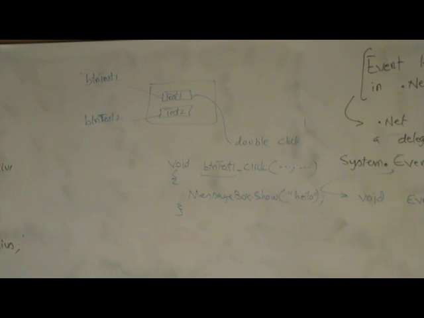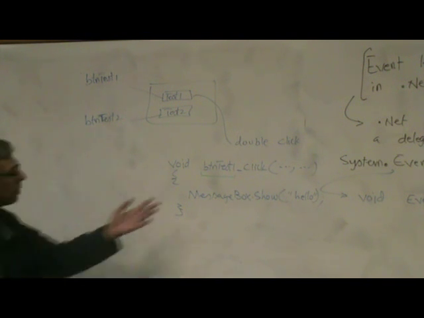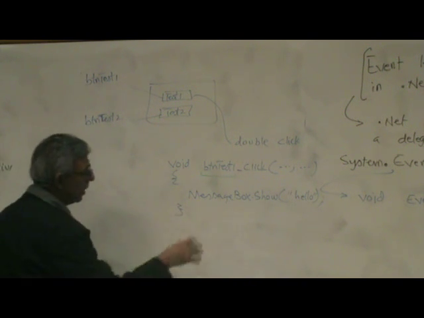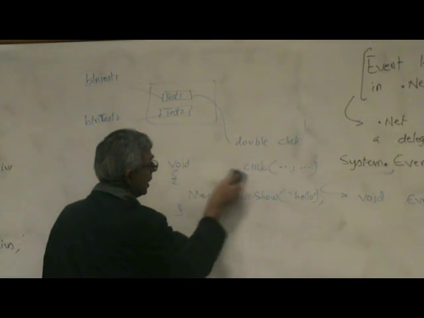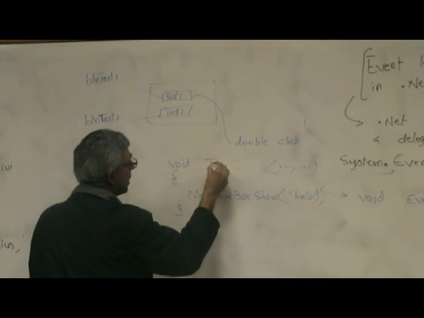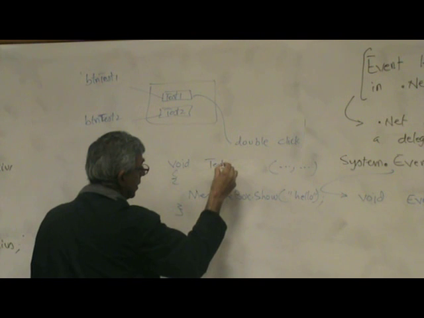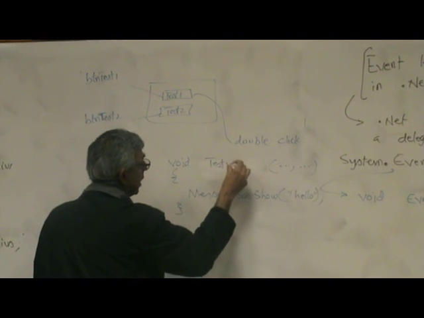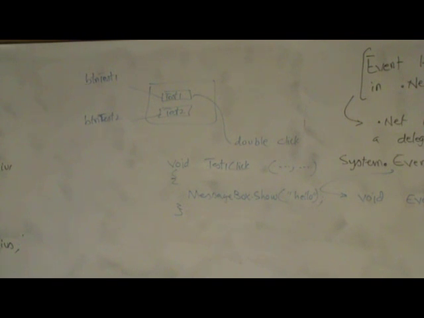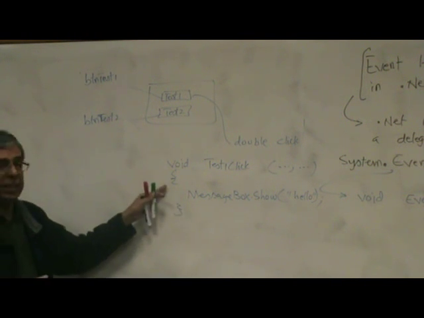And the answer is, you can call this function anything you feel like it. In fact, I'll go to the computer and change it to, let's say, suppose I call it test1 click. I take out the underscore. And now if I click on the button, you will notice it won't even work. It will not trigger this.